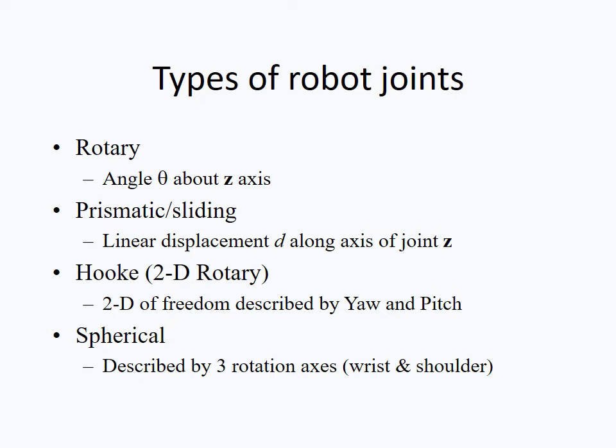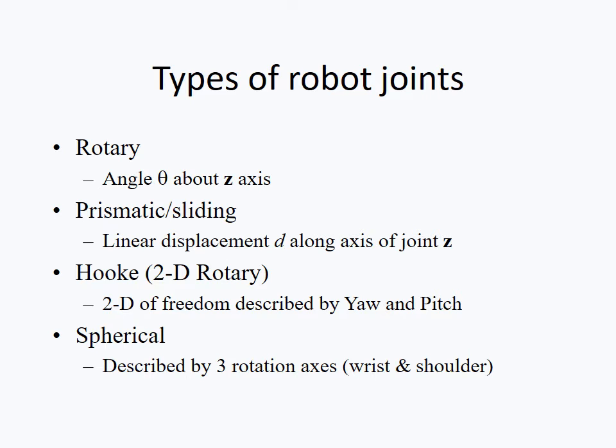So, types of robotic joints. Before we define the joint angles, we need to know what joints are available. One is the rotary joint, another is the prismatic joint, third is the 2D rotary joint, and next is the spherical joint. A rotary joint is normally defined with theta about the z axis.